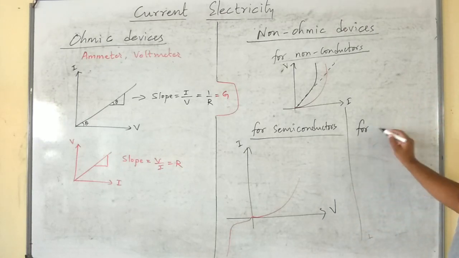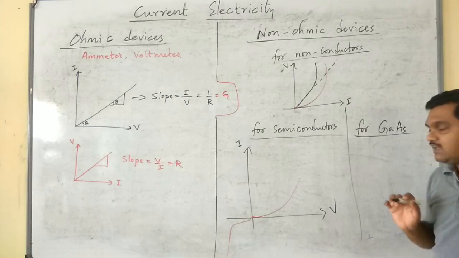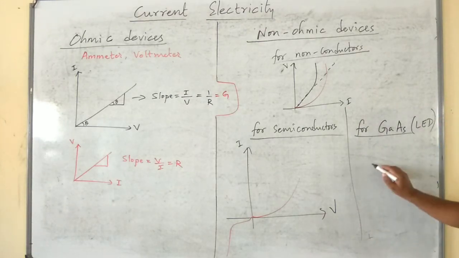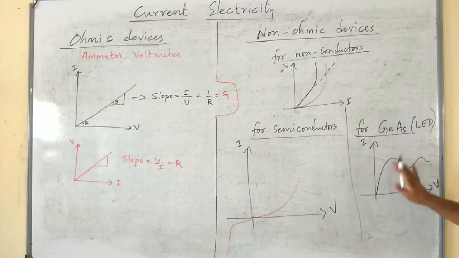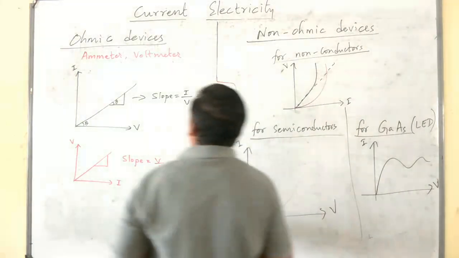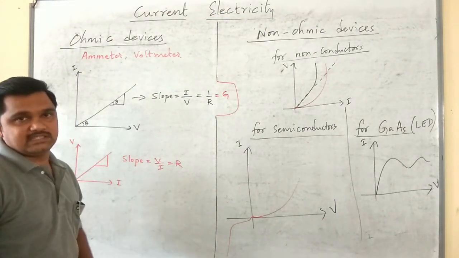For gallium arsenide, which is used in LED, that is light emitting diode, how does this graph look like? I versus V, it will be just like this. So these are the concepts of ohmic and non-ohmic devices.